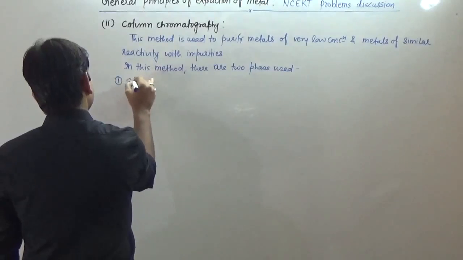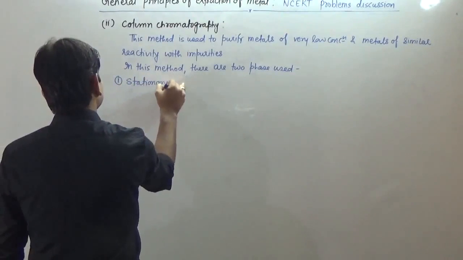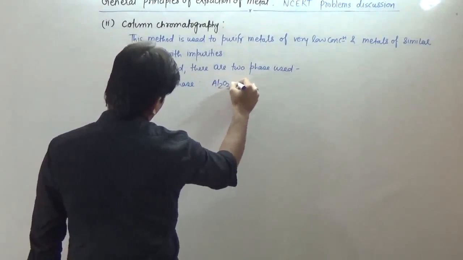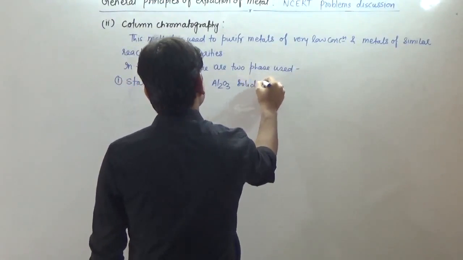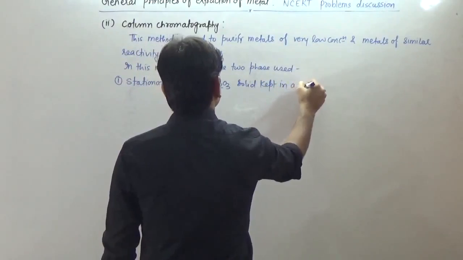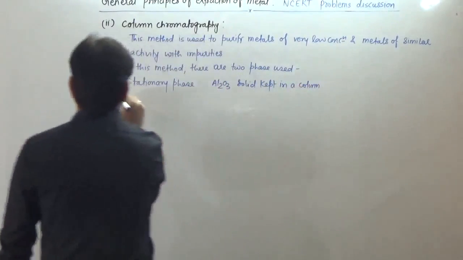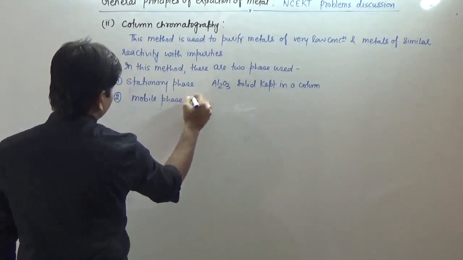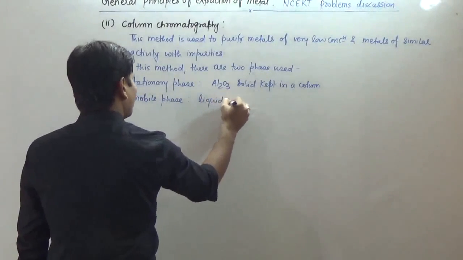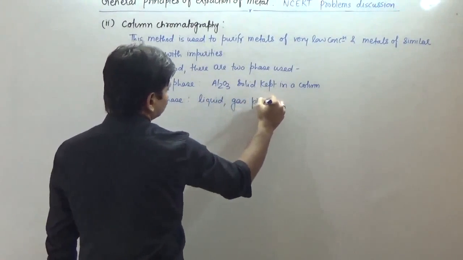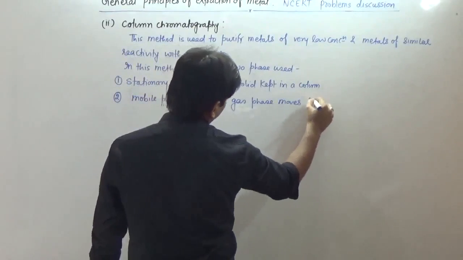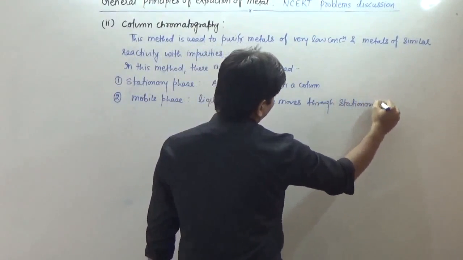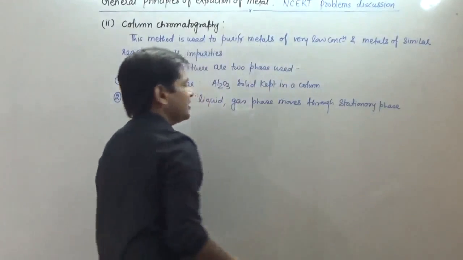First is a stationary phase, which is nothing but solid Al2O3 kept in a column, and the second one is the mobile phase, which is a liquid or gas phase that moves through the stationary phase. We have to move this phase through the stationary phase.